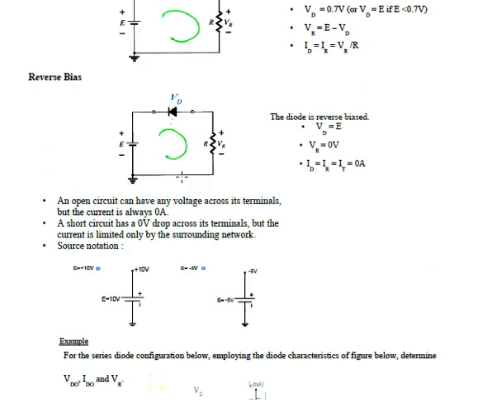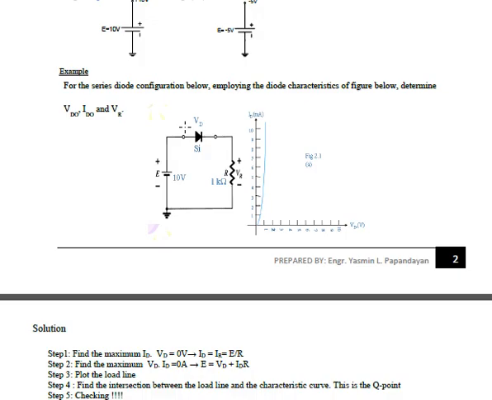Pero pag reverse bias siya, ibig sabihin yung negative na terminal ng ating diode is connected on the source. Ibig sabihin reverse bias siya. So the diode will perform as an open circuit. So ibig sabihin walang dadaan dito na current. Only the voltage, okay, will be across this one. Okay? So yun. So ganun lang actually.